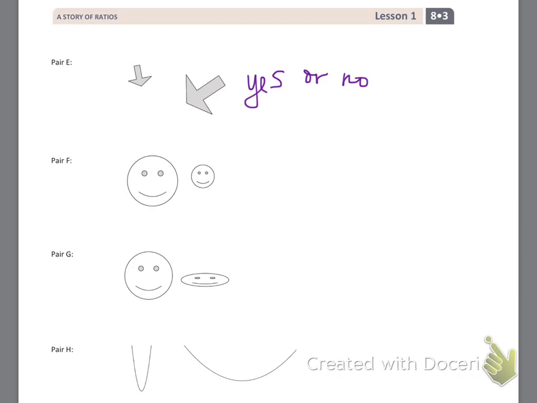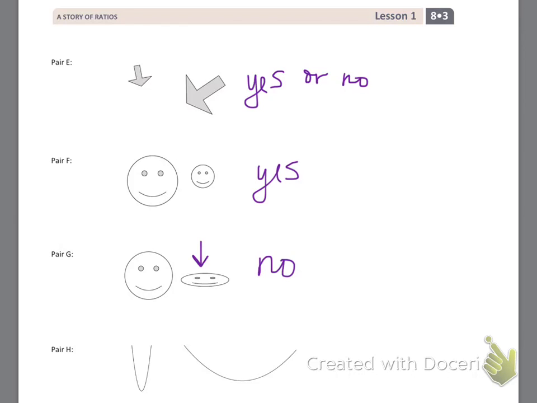For pair F, most people thought yes, that looks like a similar smiley face. But in pair G, this one looks like it's been munched down or stomped on. So no, those don't look similar.